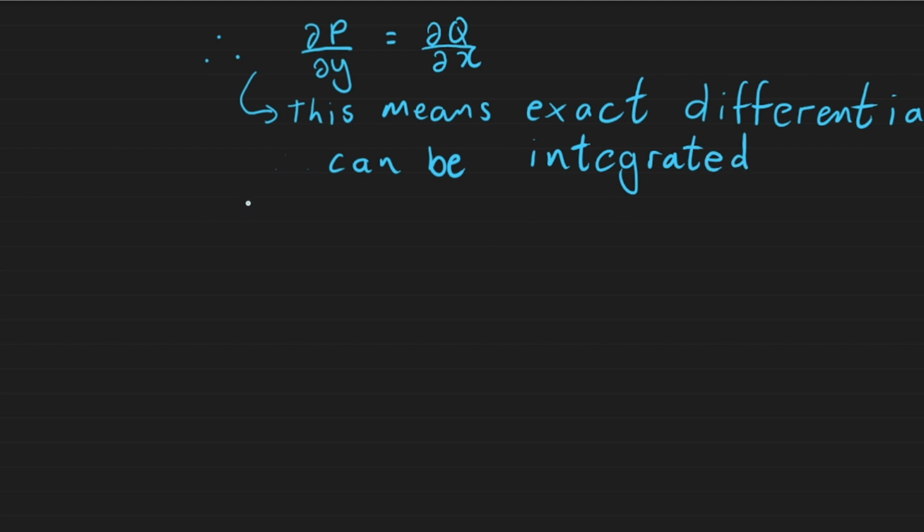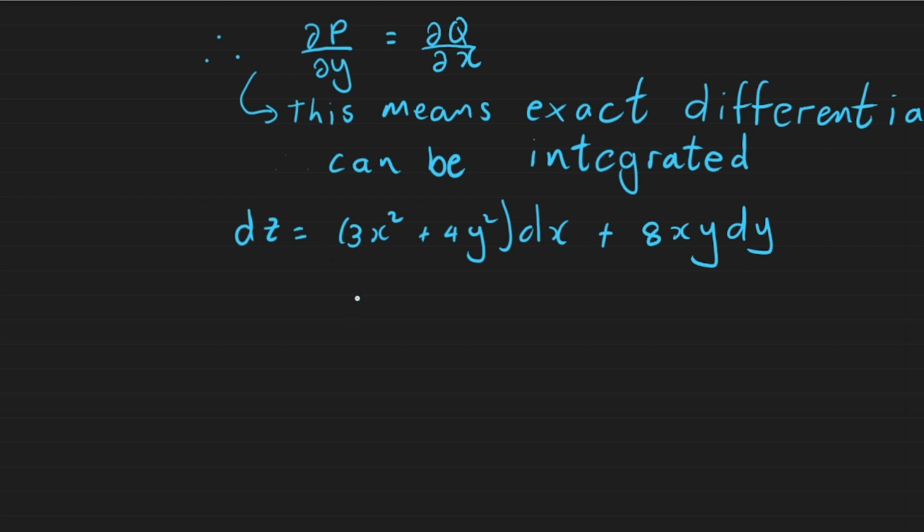Our example says that dz is equal to (3x squared plus 4y squared) dx plus 8xy dy.